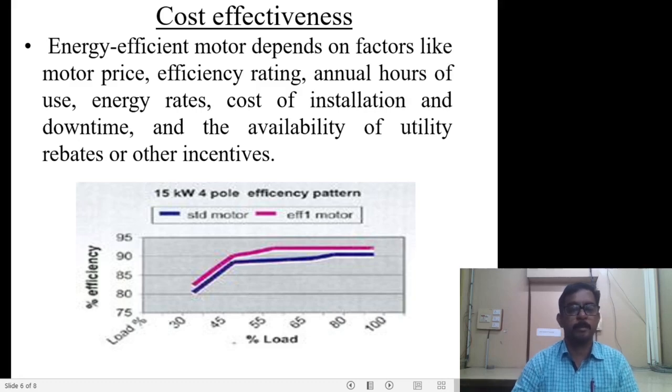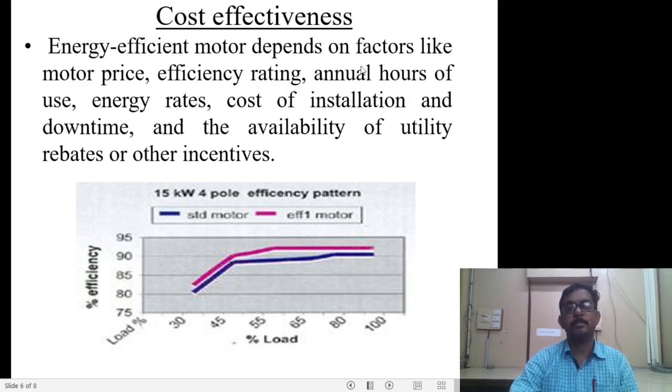Then cost effectiveness. See, this is the chart for a particular 15 kilowatt 4 pole efficiency pattern. This is the percentage of the load on the x-axis, and on the y-axis efficiency is shown here.